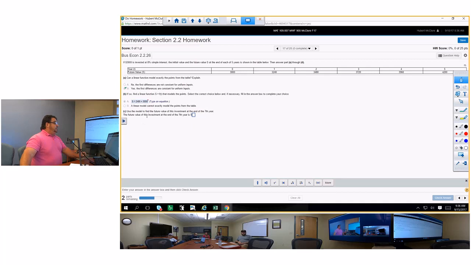Use the model to find the future values of this investment at the end of the 7th year. See? They're asking you to predict something. So what are you going to plug in for T? 7, Hubert. That's right, class, because T means time. 7 years is time.